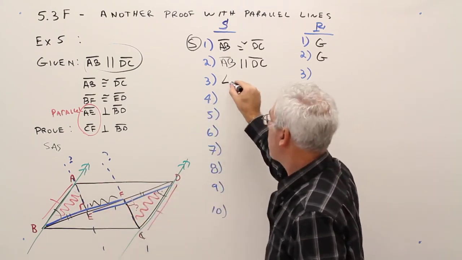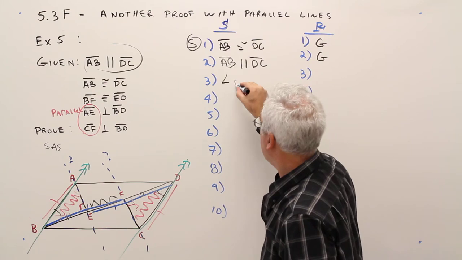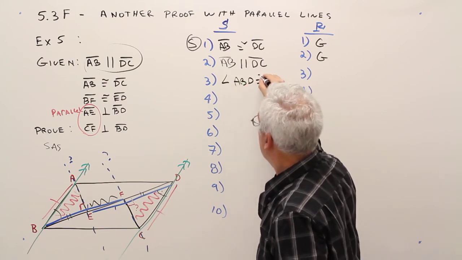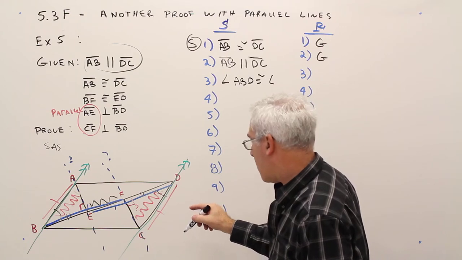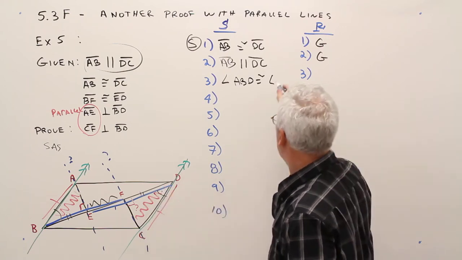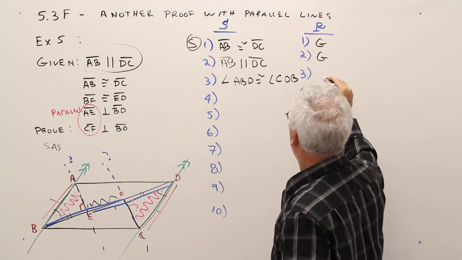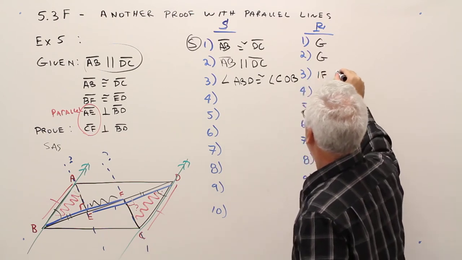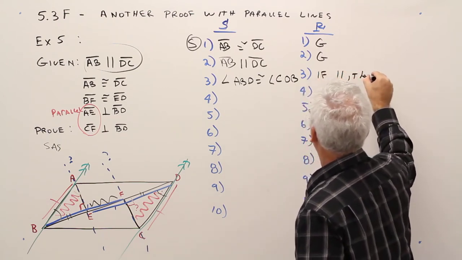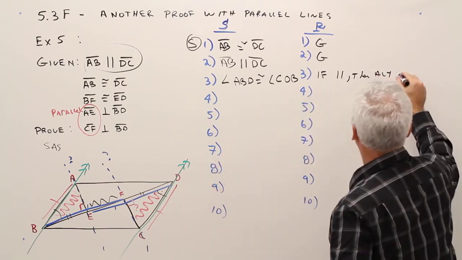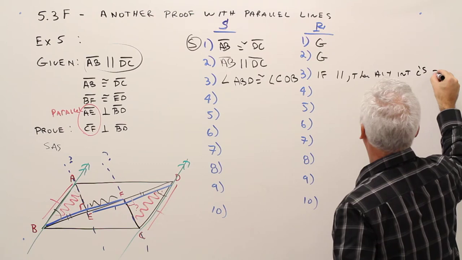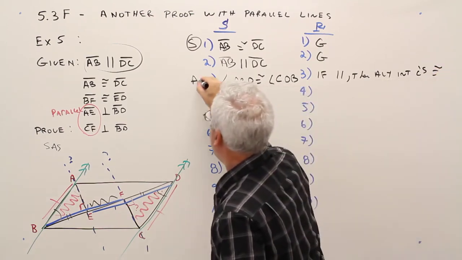I'll use three letters: angle ABD is congruent to angle, what shall I call it, CDB. That would be if parallel, then alternate interior angles are congruent. So that would be my angle.